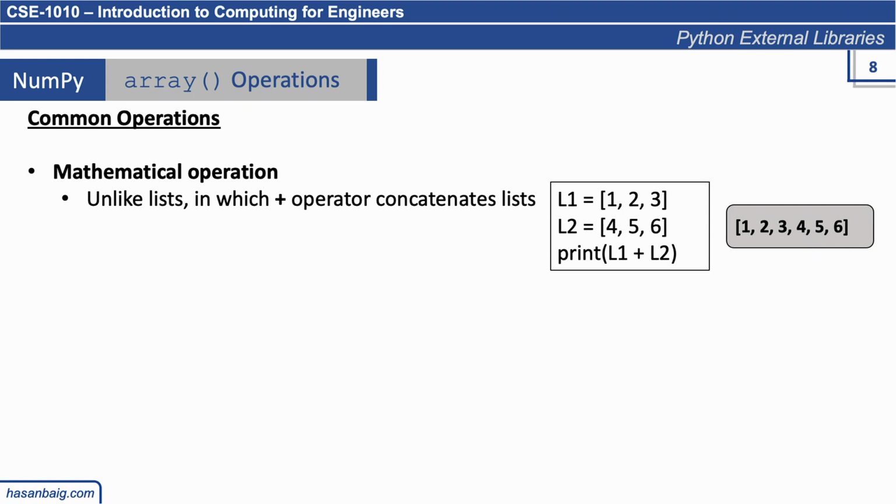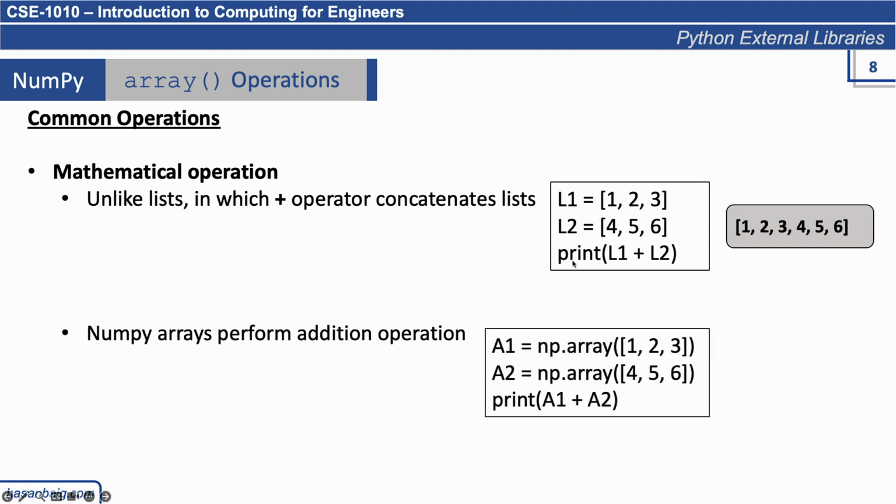If you are executing a plus operation between simple lists L1 and L2, those two lists will be concatenated together. But if you are performing the same operation on NumPy arrays, it will actually perform the addition between them. So we have A1 as a NumPy array, A2 is also an array. When you add both together, it will add 1 and 4, 2 and 5, and 3 and 6. So you will get this result: 5, 7, and 9.